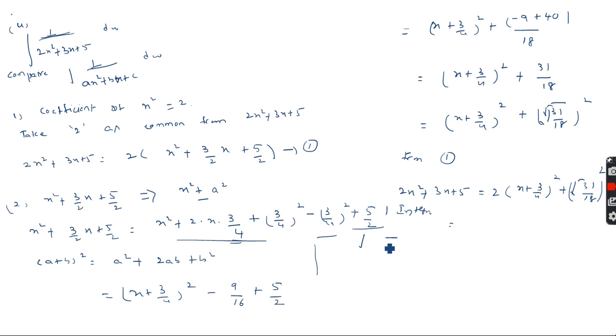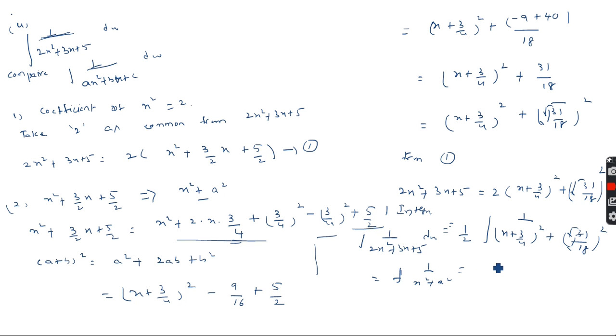So we get integral of 1 by 2x square plus 3x plus 5 into dx. 1 by 2 is a constant taken outside, and we get 1 by x plus 3 by 4 whole square plus root 31 by 16 whole square. So therefore, what is the form?